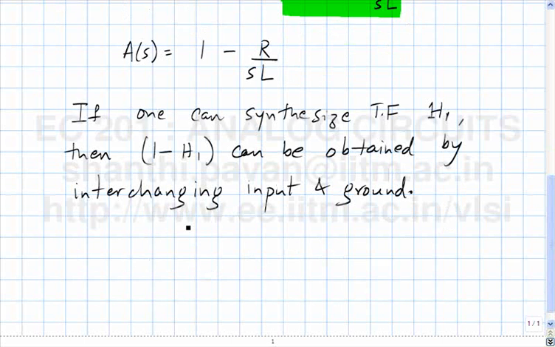So in other words, instead of trying to attack the problem of finding 1 minus R by SL, I can start by trying to design something with a transfer function A1 of S, which is R by SL.